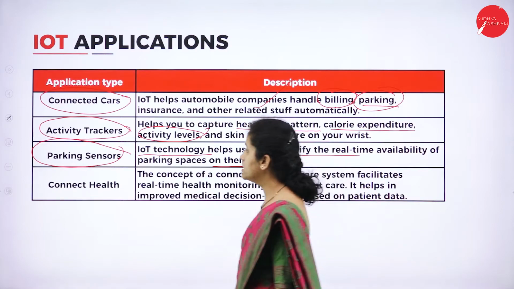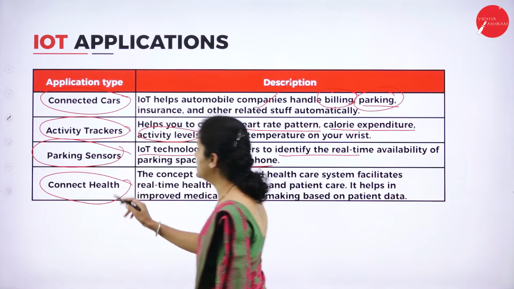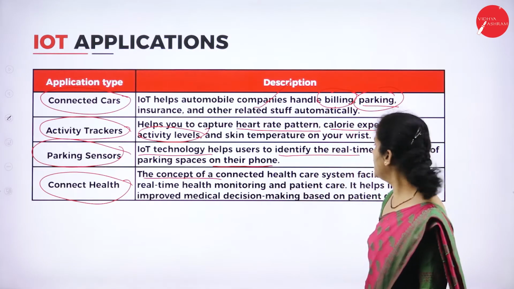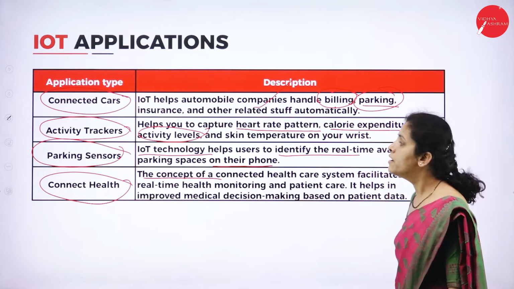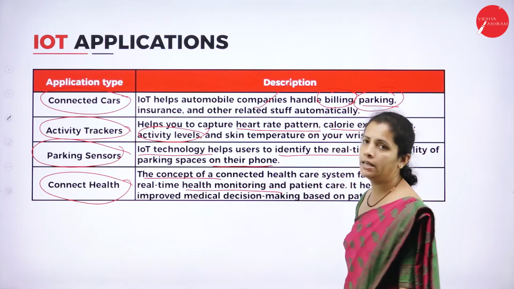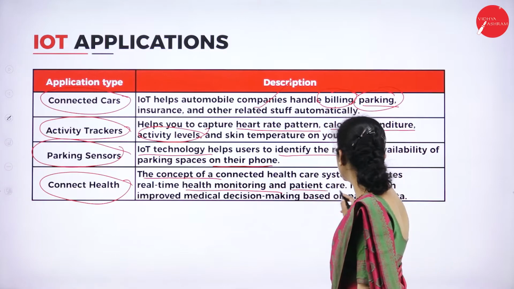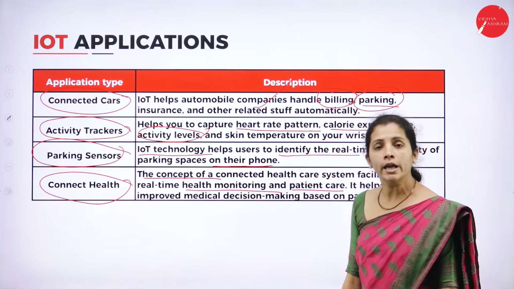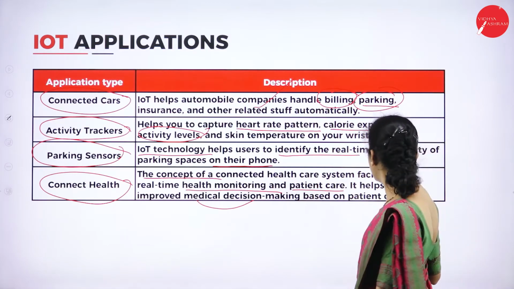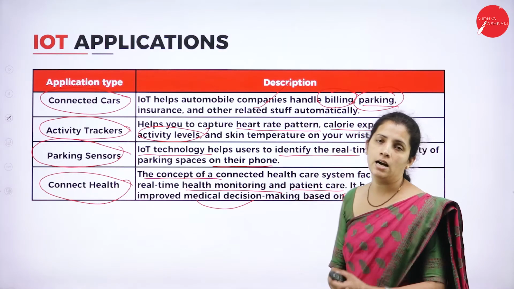The next application is connected health. The concept of a connected healthcare system facilitates real-time health monitoring and patient care, with improved medical decision making based on the patient data.